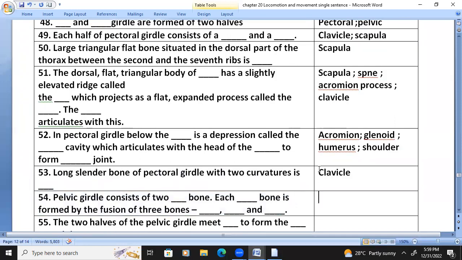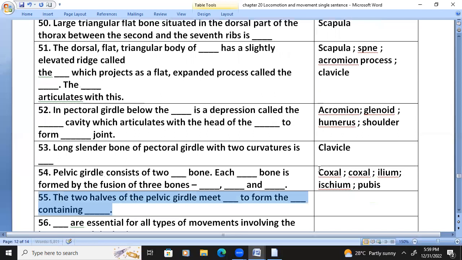The pelvic girdle consists of two coxal bones, and each coxal bone has an ilium, ischium, and pubis.